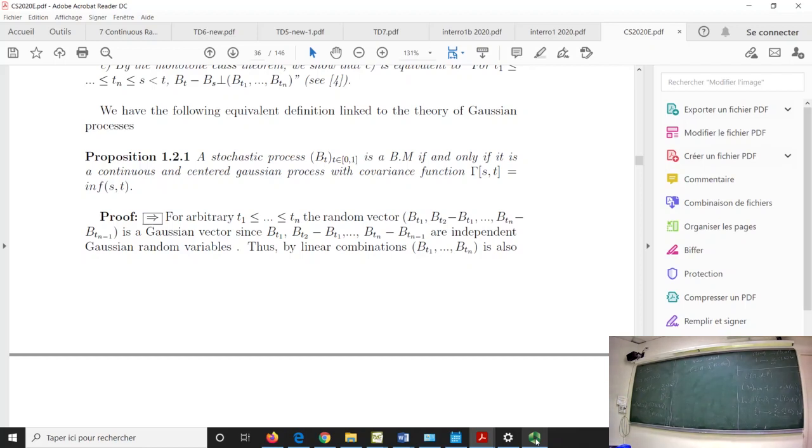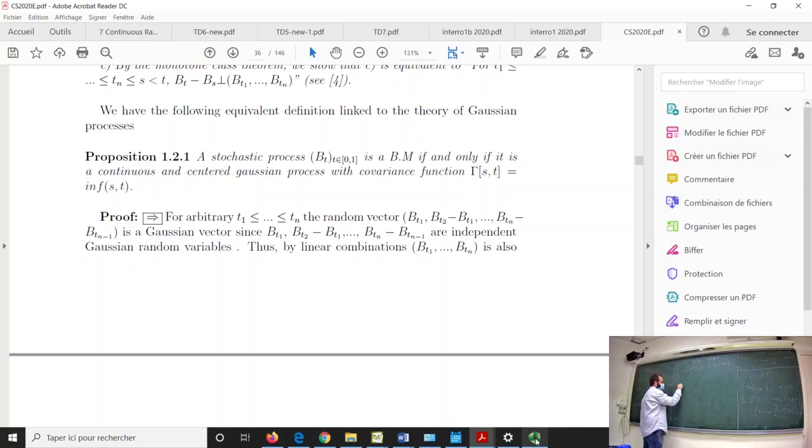So, where is my Brownian motion here? Well, I can give you a definition of the Brownian motion from what I have done now. The Brownian motion is defined this way, and we are going to check that the definition I give you is compatible with proposition 1.2.1.